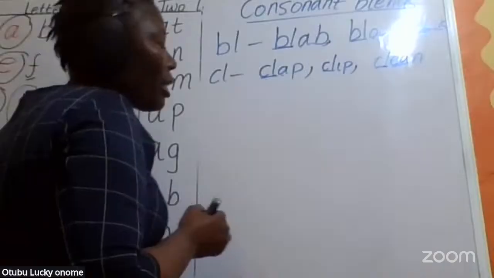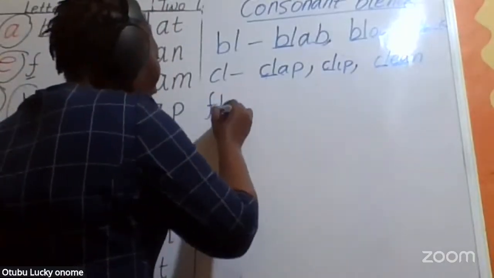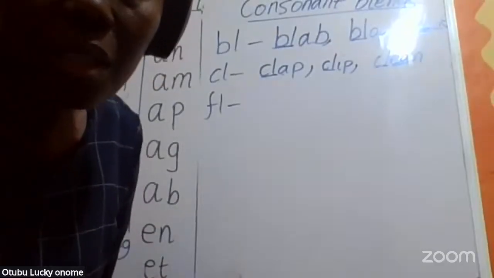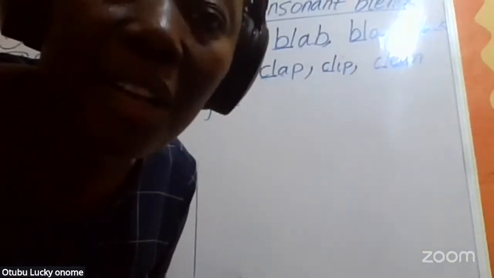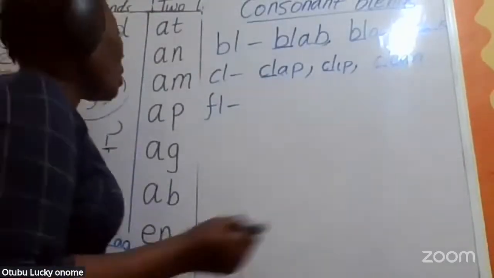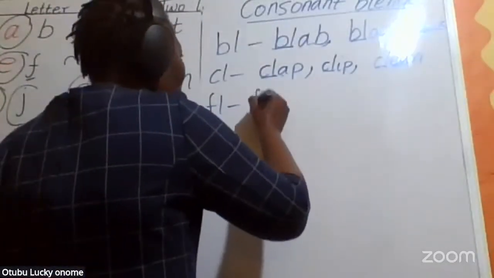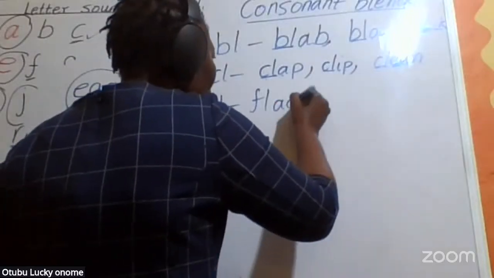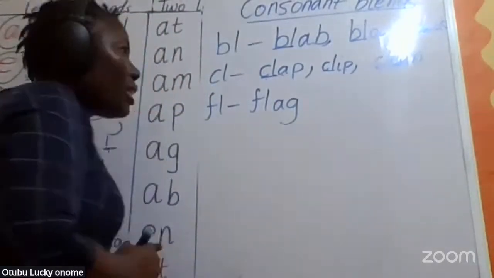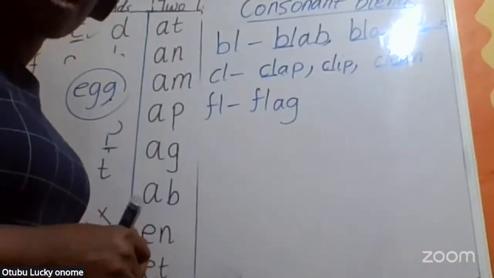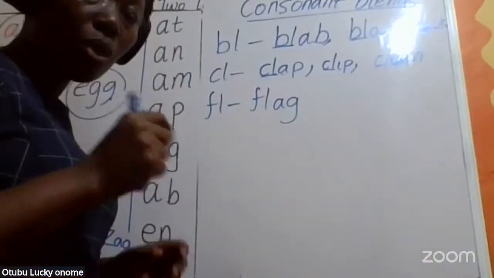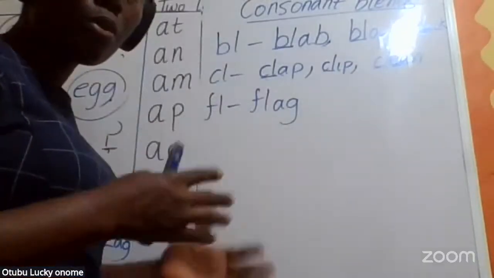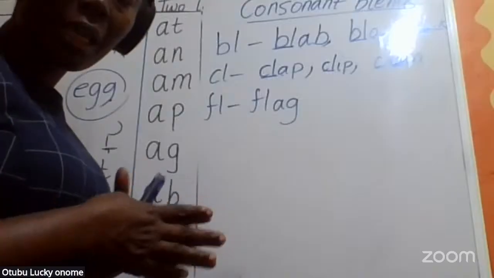The next one we are looking at is f and l, which gives us "fl". We have words like flag, flat, and flog. The basic thing, especially for those of us starting from the beginning, the most important thing we need to know is the letter sound. After mastering the letter sounds, you should be able to put the letters together to form words.